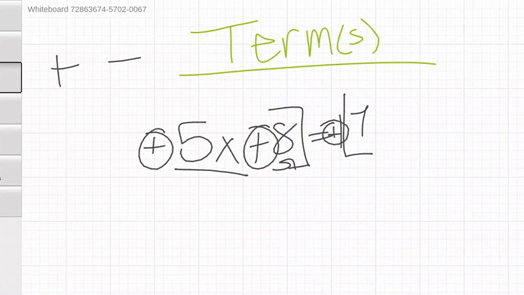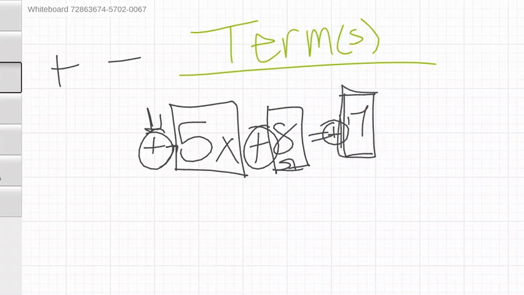So our steps are we look at the signs, and then we look at the values next to them, and then those are our terms. So our terms in this case are 5x, 8, and 17.